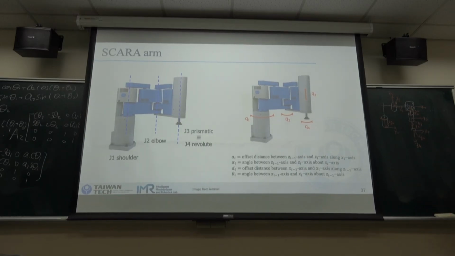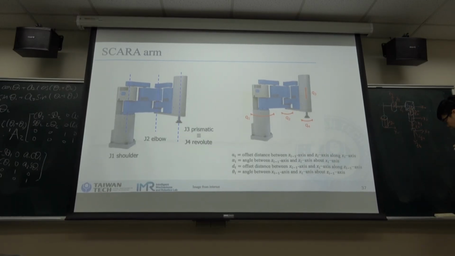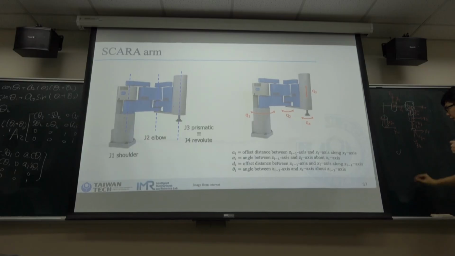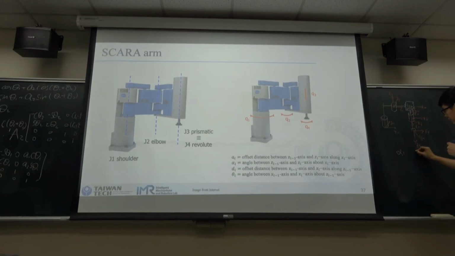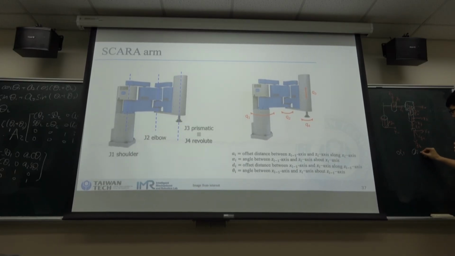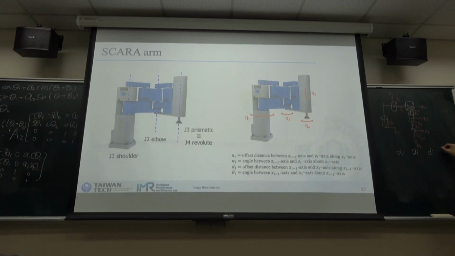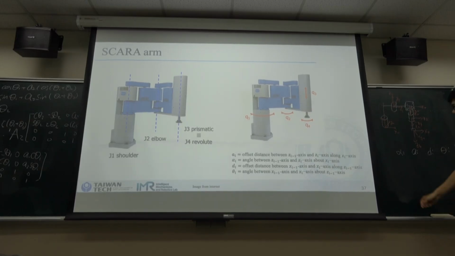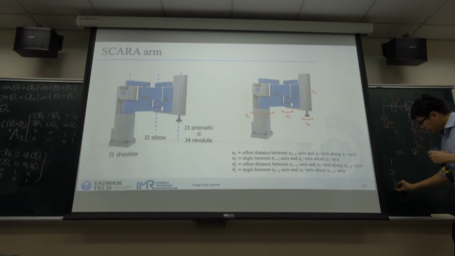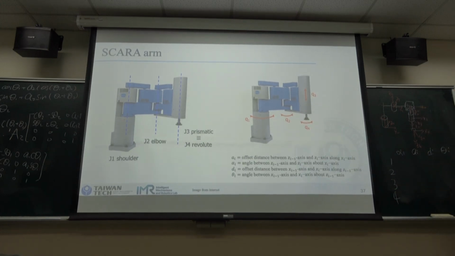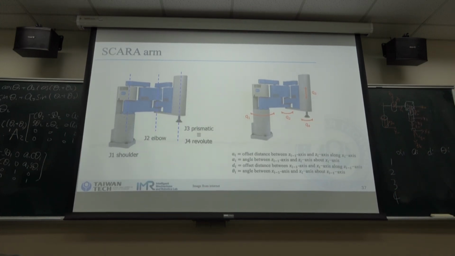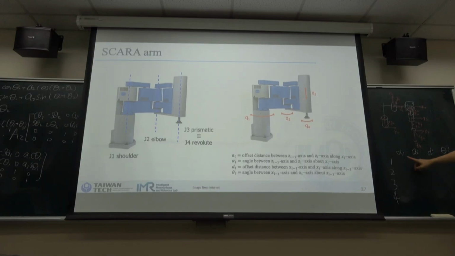And now we need to find the DH parameters: alpha i, a i, d i, and theta i, for frames 1, 2, 3, 4.